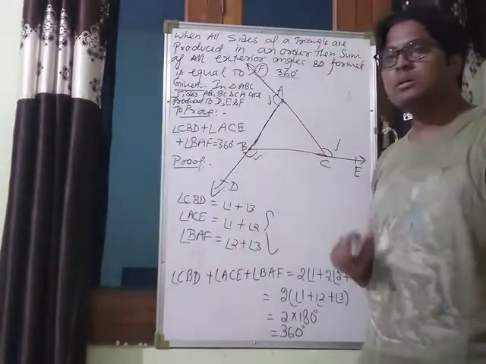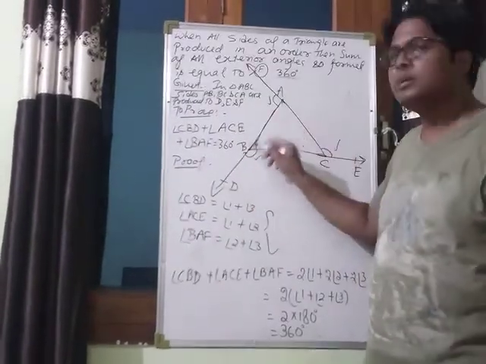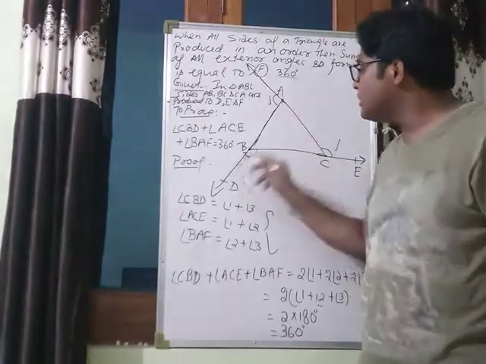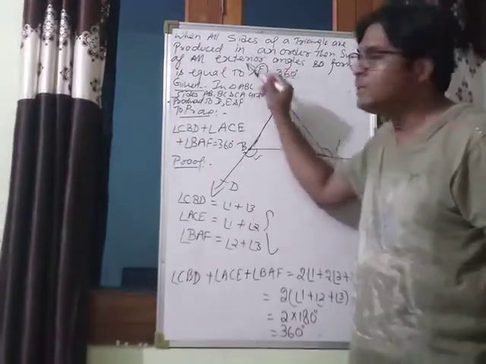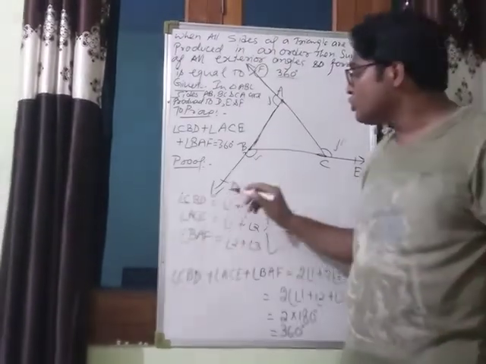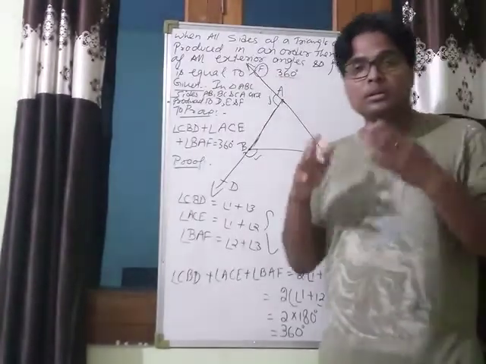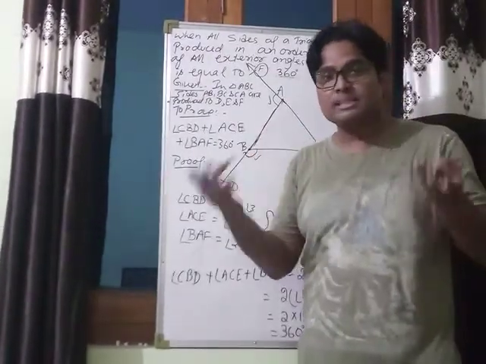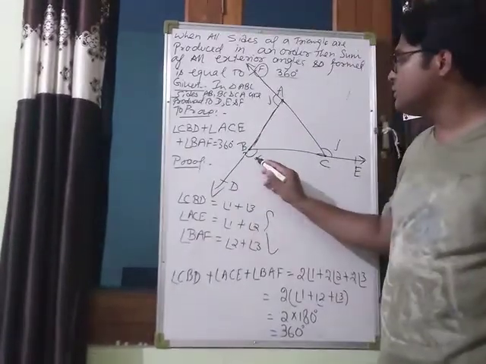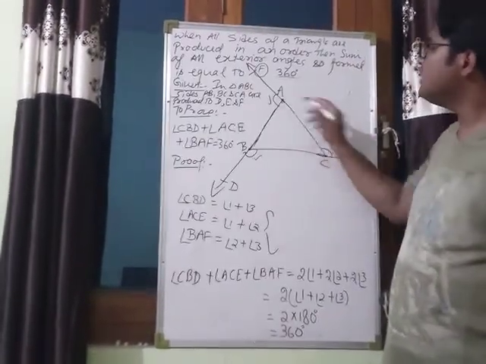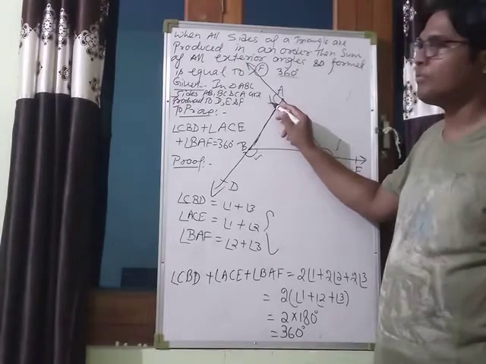What is given here? This ABC is a triangle and its sides AB, BC and CA are respectively produced up to D, E and F. Then three exterior angles are formed: CBD, ACE and BAF.